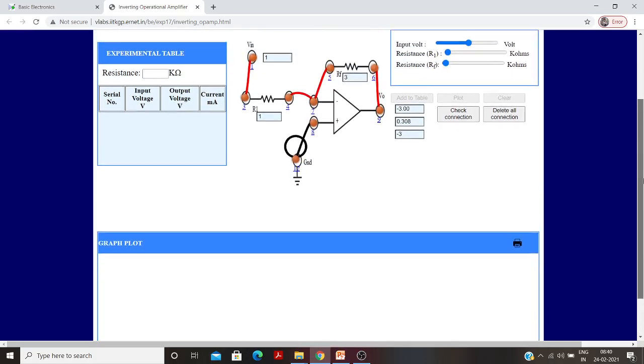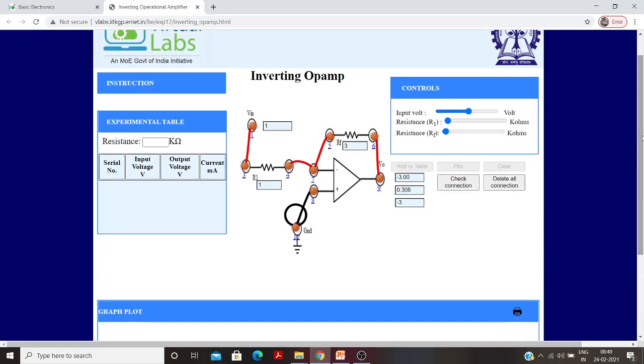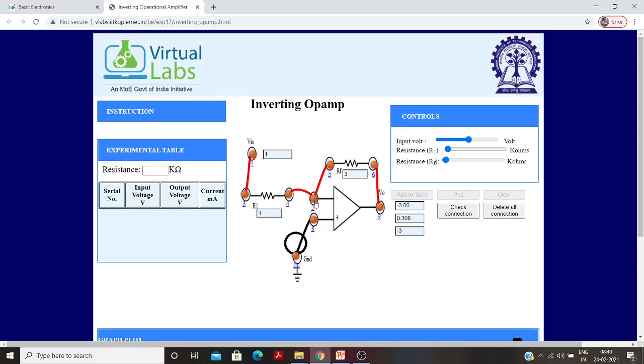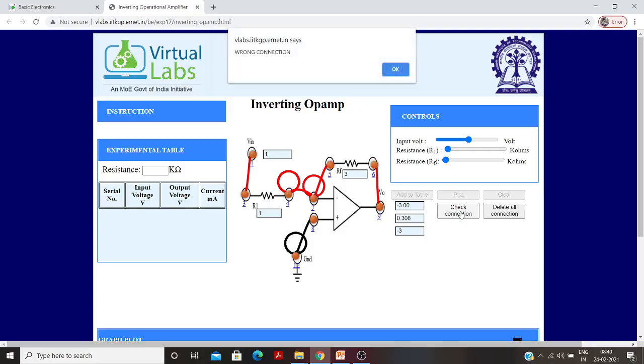If I want to plot the waveform, and if I am changing the voltage, just a minute, I will draw this portion once again and draw it for you guys.